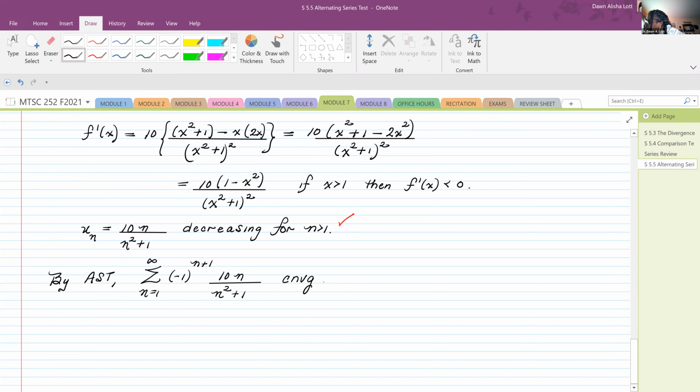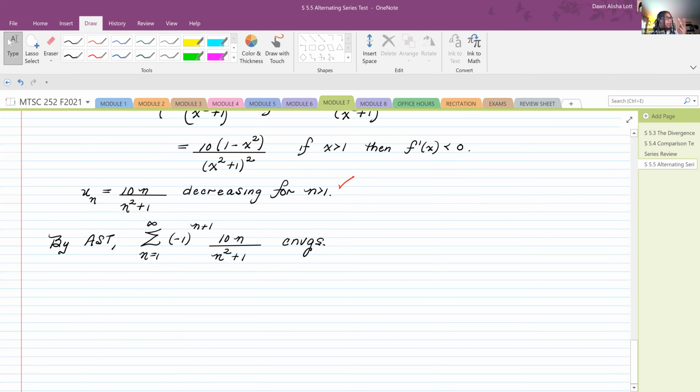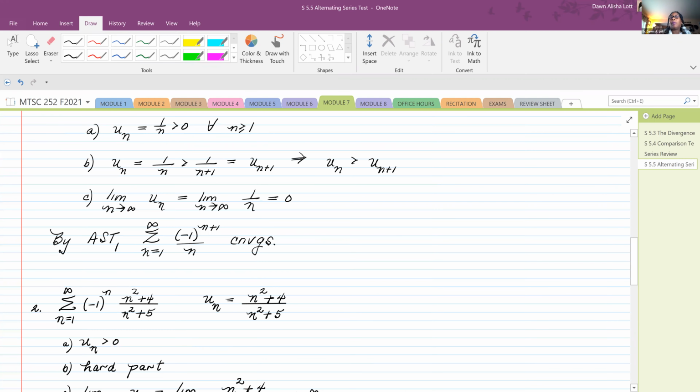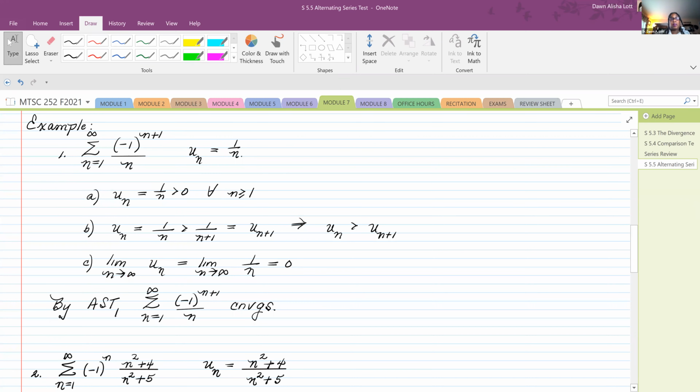I don't know what it converges to, but I know it converges. Okay, so now I want to define two things. These are two other tests that we do. And after you do the alternating series test, you need to follow it up with these two tests.